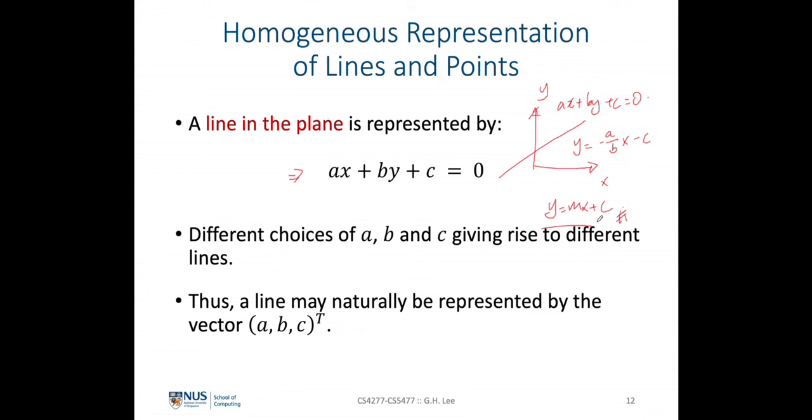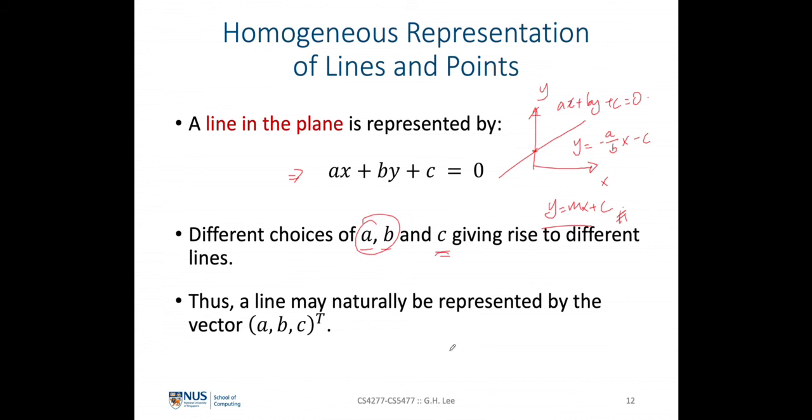Different choices of the coefficients of x and y, which are a, b, and c, will give rise to different lines, because a and b control the gradient of the line, how steep it will be on the xy plane, and c here would be the intersection of the line with the y-axis.